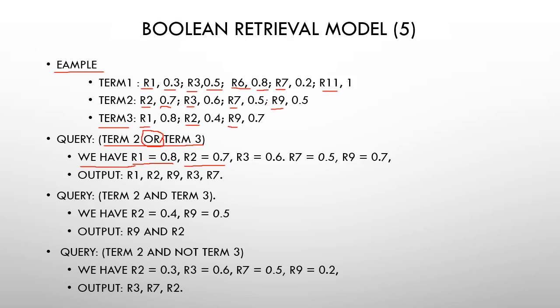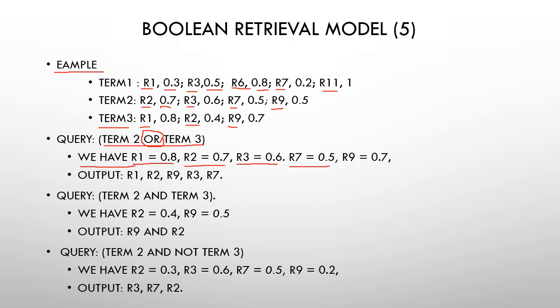And then term 2 appears on document number 3 with a weight of 0.6. And then term 2 appears also on document number 7 with the weight of 0.5.